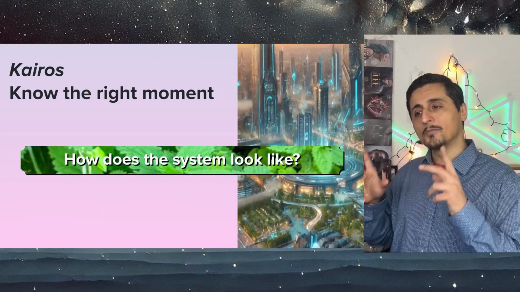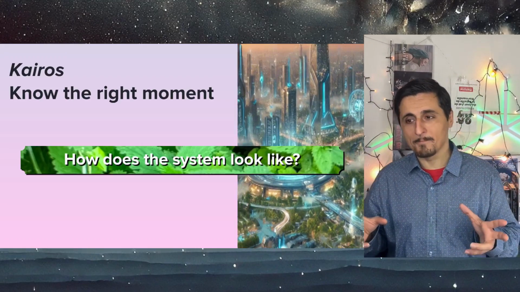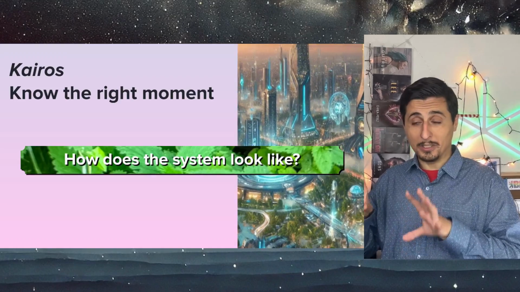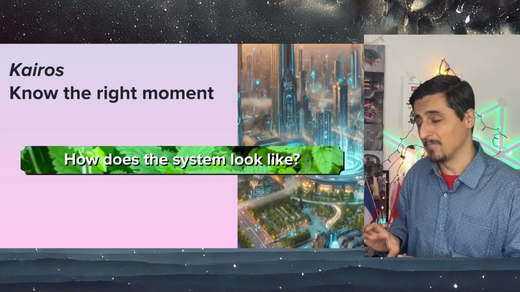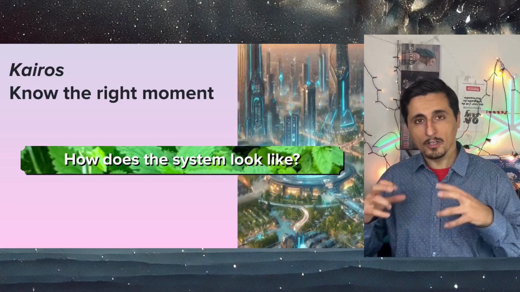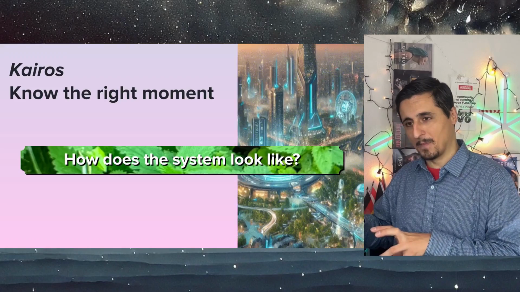And this is where we come to this point, kairos, know the right moment. This is a typical saying, also a Greek typical saying, and it means that we are now looking into the code for our slides. That's what it means.